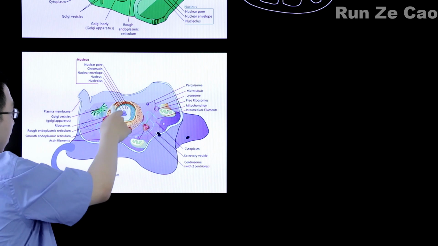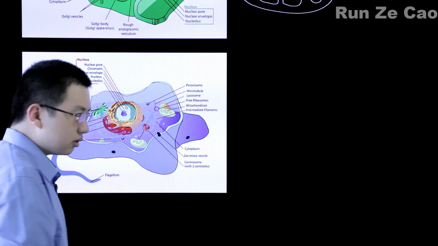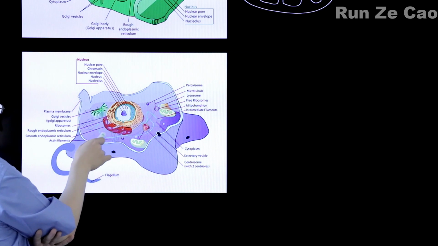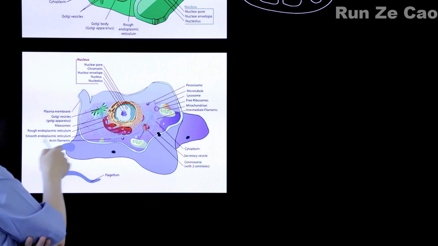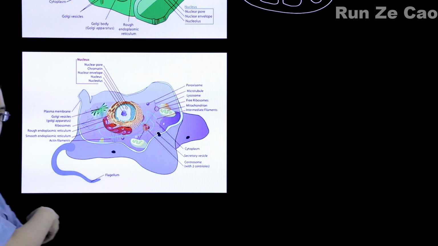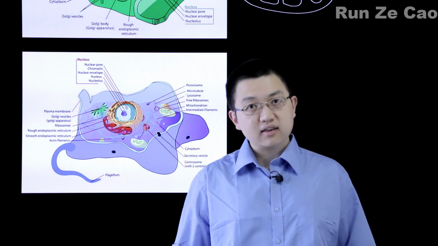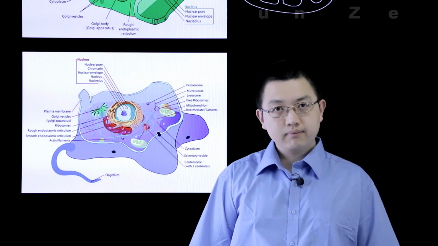So, the animal cell also has a nucleus. It also has a nuclear envelope which surrounds the nucleus. It has an endoplasmic reticulum, so a rough and smooth. Technically speaking, the endoplasmic reticulum is not nearly as small as you see here. The endoplasmic reticulum actually extends throughout the cell.